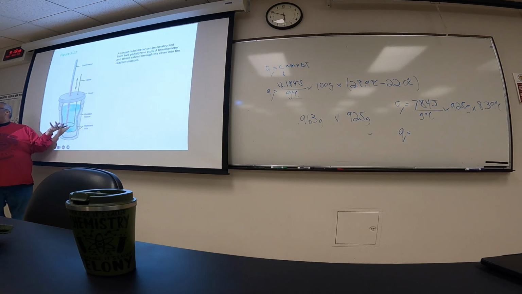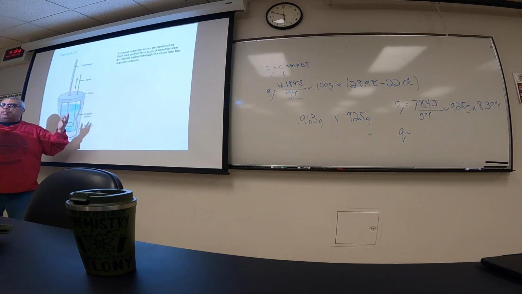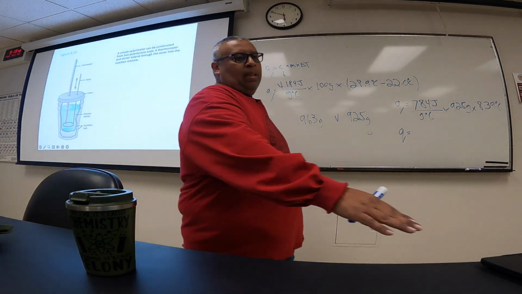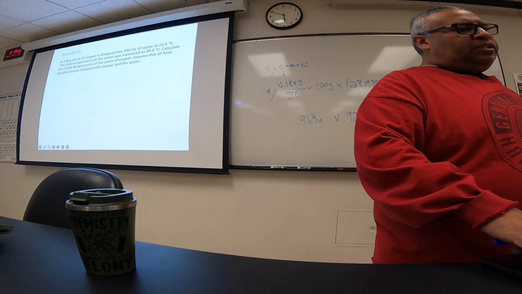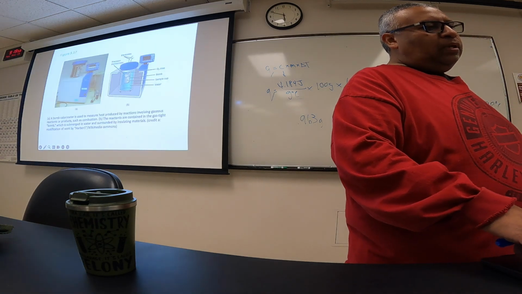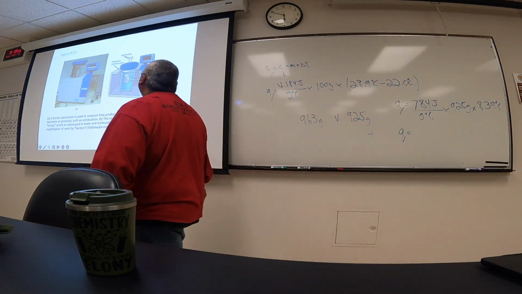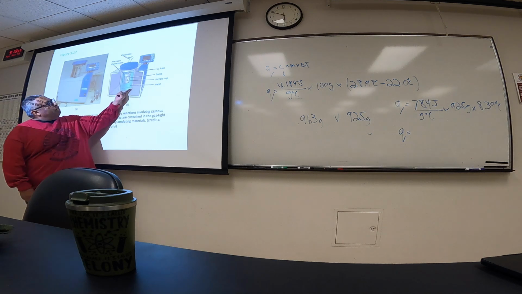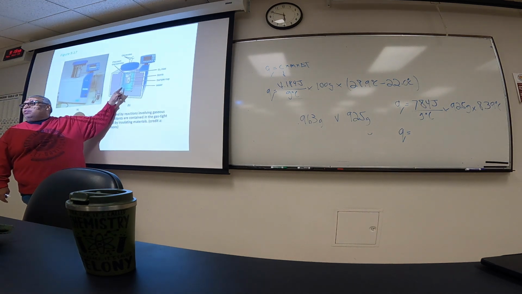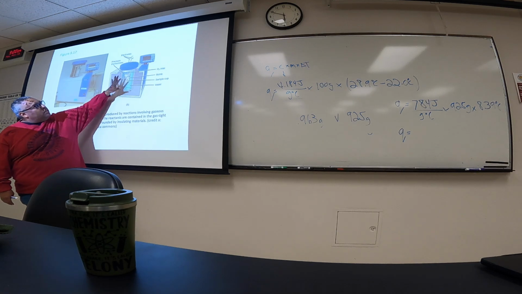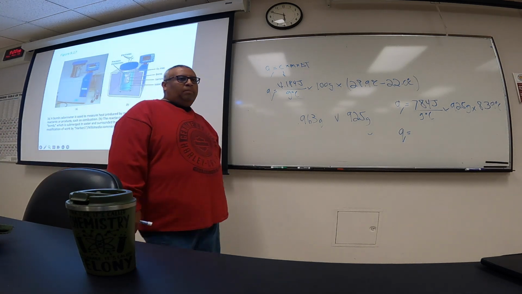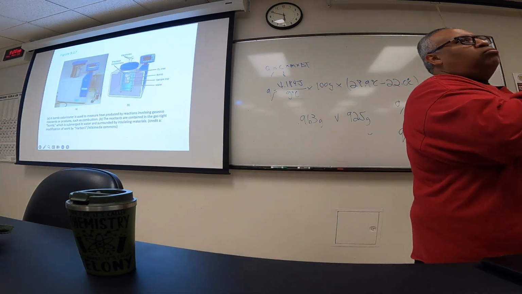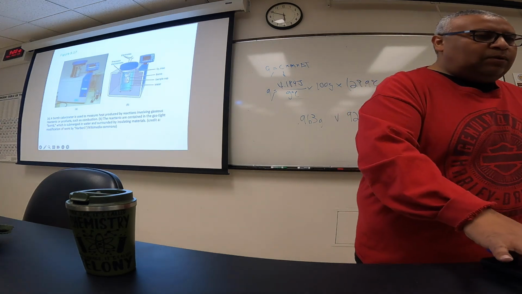Even though this is building up pressure because the heat's increasing, it's not contained in here. This is an open system because we have some release of pressure. But with bomb calorimeters, these things are sealed. Even though the pressure increases, nothing changes the volume because it's completely sealed. We call it a bomb calorimeter, right? Anyways, we won't do that.